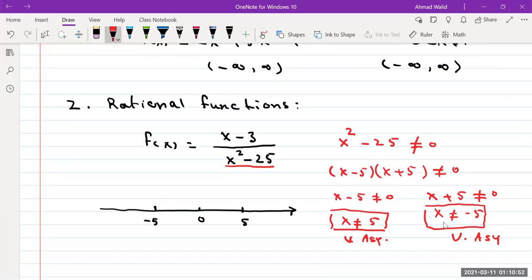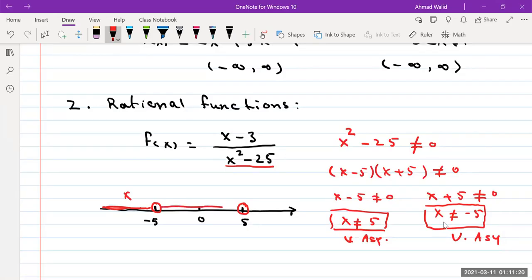Your function cannot take 5 or negative 5, but any other number that you plug into the denominator is okay. Only negative 5 and 5 change the denominator to 0. That's why I used an open circle here, correct? Now, x can take these values.